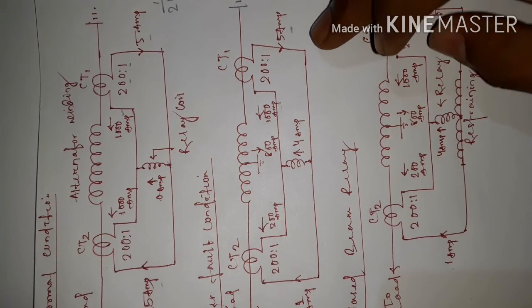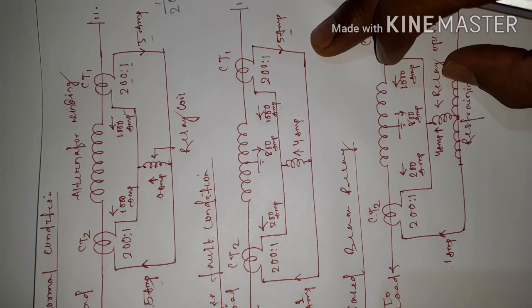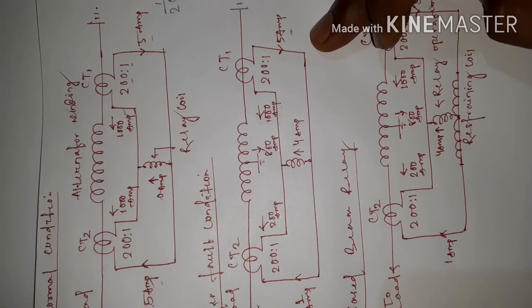But in this type of relay, one disadvantage is that if the relay coil is very sensitive, then a small differential current flowing through the relay coil may cause it to operate under normal operating condition.